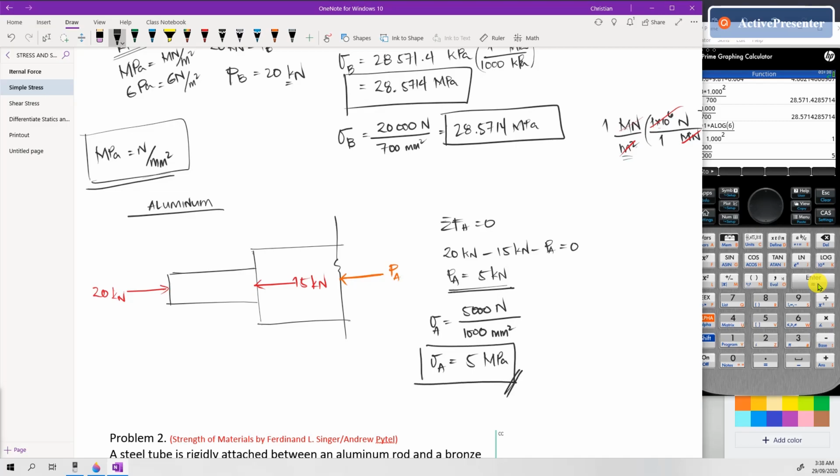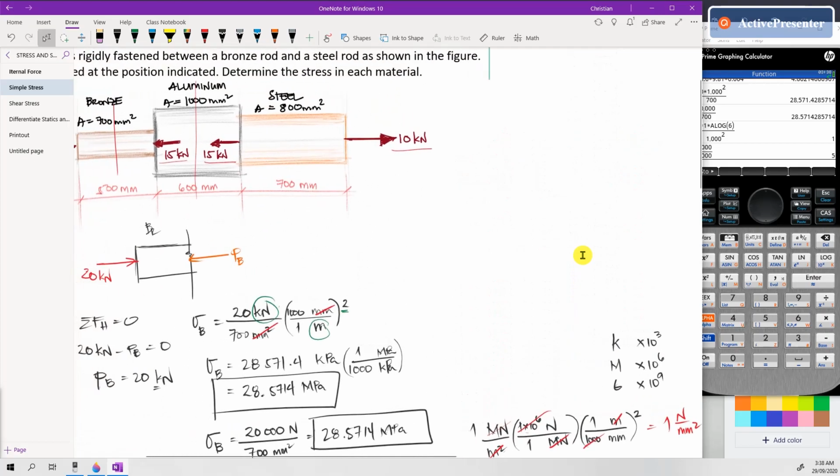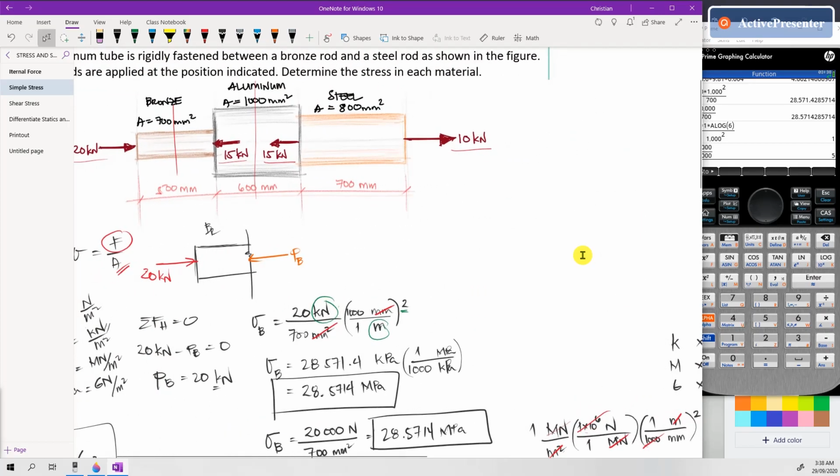Okay? Then, lastly, yung ating steel. So, dito sa steel, pwede tayong mag-cut. First, ika-cut natin to. Kuha tayo ng section line. So, pwede natin consider yung buong system sa left side or mas simple kung dito lang tayo sa right side.